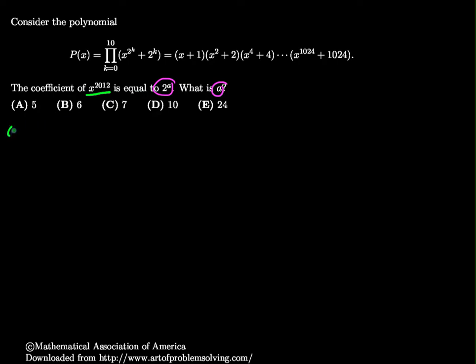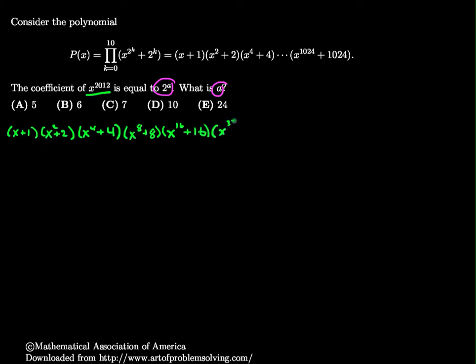So the terms we have are x plus 1, x squared plus 2, x to the 4th plus 4, we have 11 of these, I hope I have room, but if not, I'll just fill them in here and there. x to the 8th plus 8 times x to the 16th plus 16 times x to the 32nd.